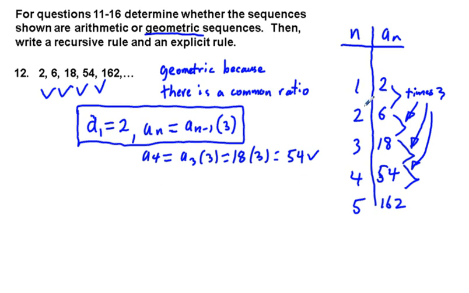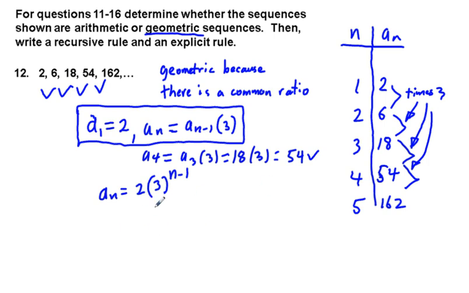Now for explicit rule, we really do it like this. A sub n is equal to, we put our first term 2 times our common ratio, which is 3, to the power of n minus 1.